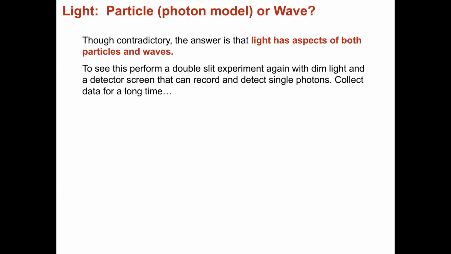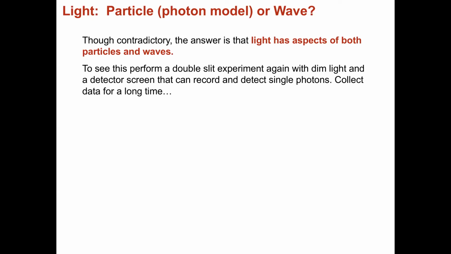thinking about how this idea that Einstein proposed of the photon model for light can seem contradictory to what we know about light. In particular, before spring break, you all performed an experiment showing that light was definitely a wave phenomenon, something spread out in space.